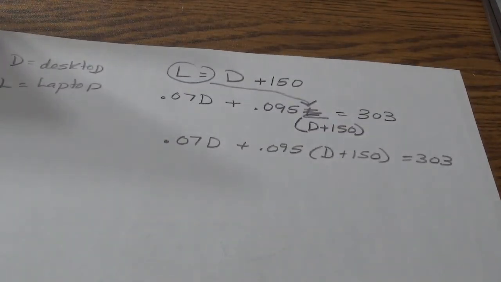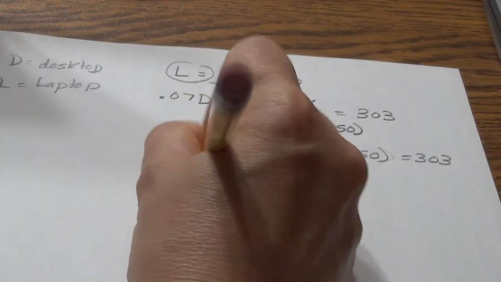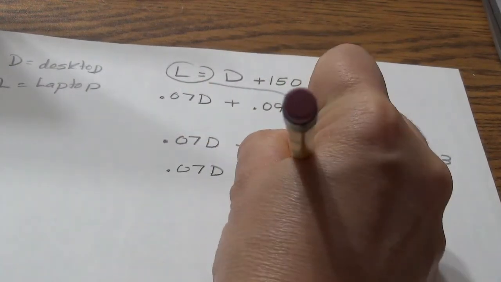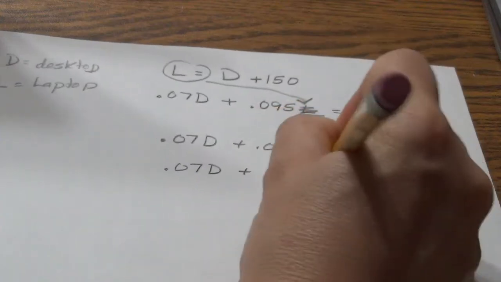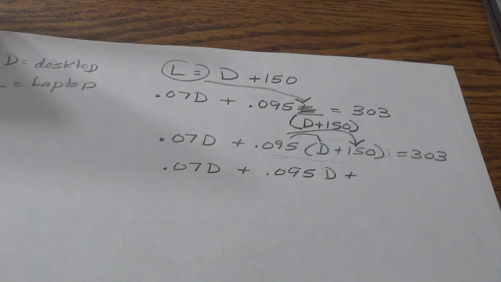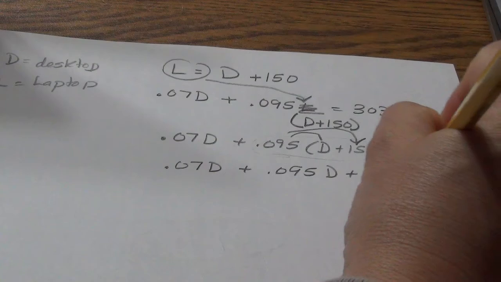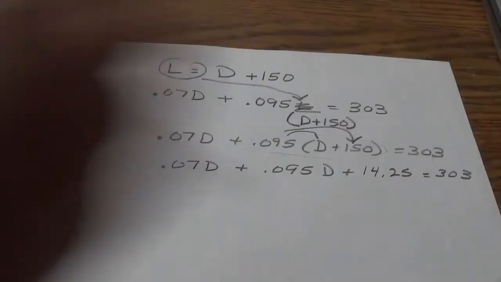So first of all, I have to use my distributive property, so 0.07D plus 0.095D plus 0.095 times 150, which I'm going to grab my calculator for. 0.095 times 150 is 14.25, equals my 303.